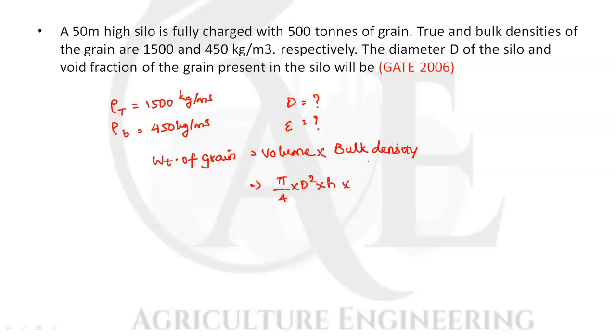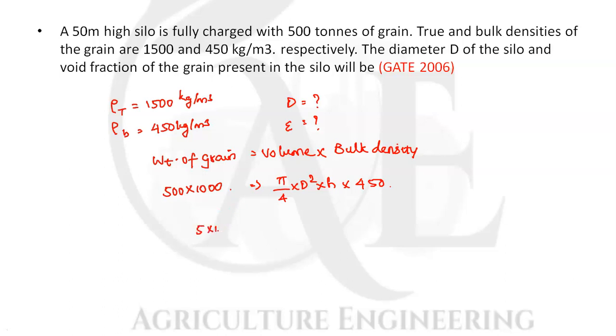Bulk density they had given us 450 kg per meter cube and weight of the grain is 500 tons. So convert this into kg, 500 into 1000. So when you solve this, you can get the answer.